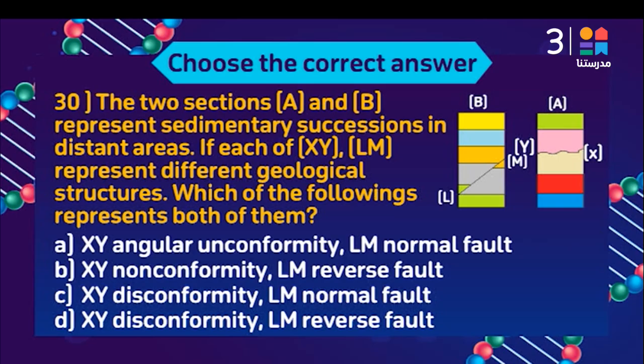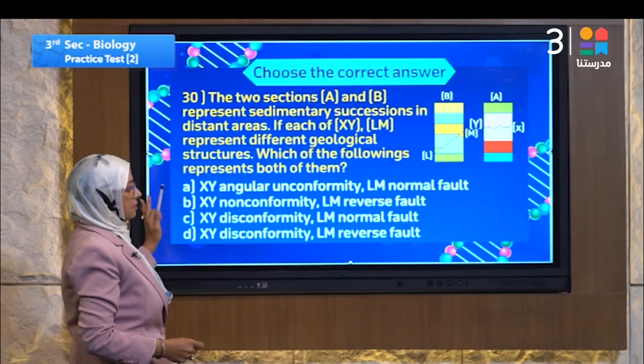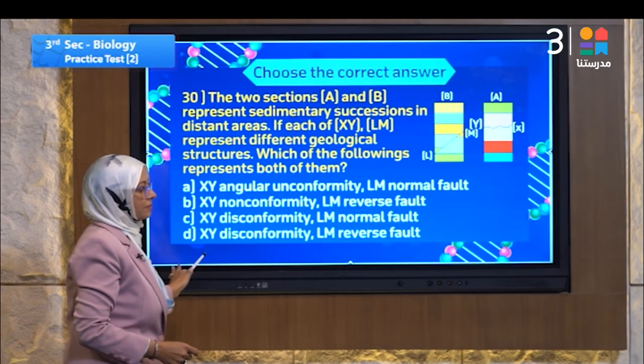Let's read it again. XY and LM represent different geological structures. Which of the following choices represents both of them?